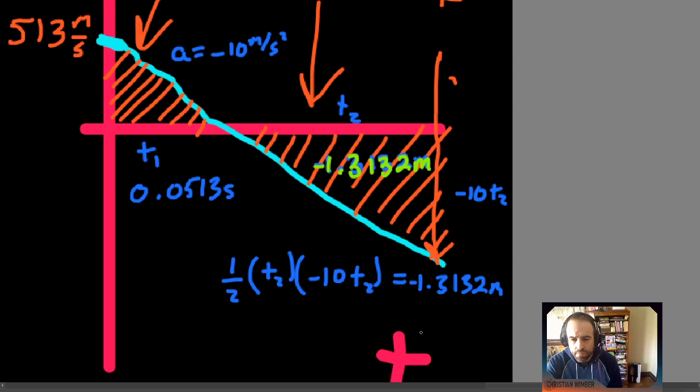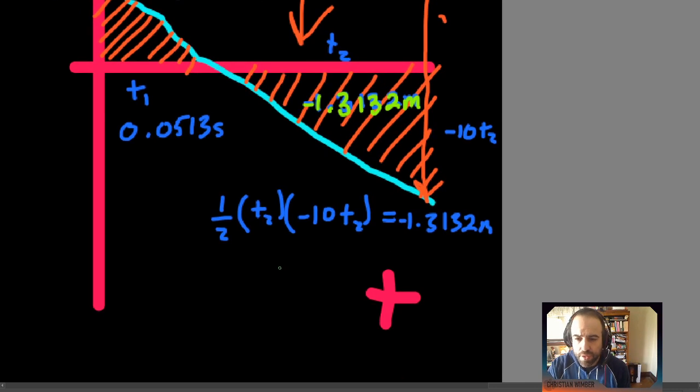Solving that out, let's run through it real fast. We're going to end up getting that T2 squared is equal to 1.3132 meters over 5 meters per second squared, technically.